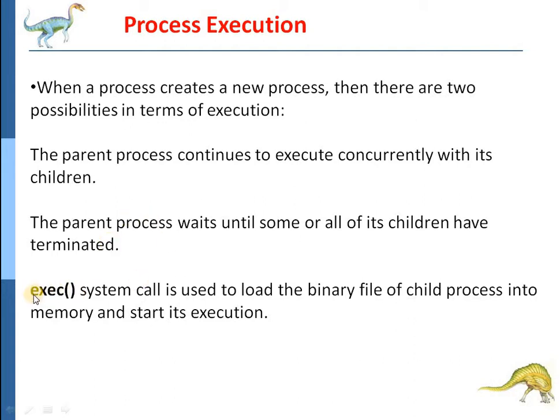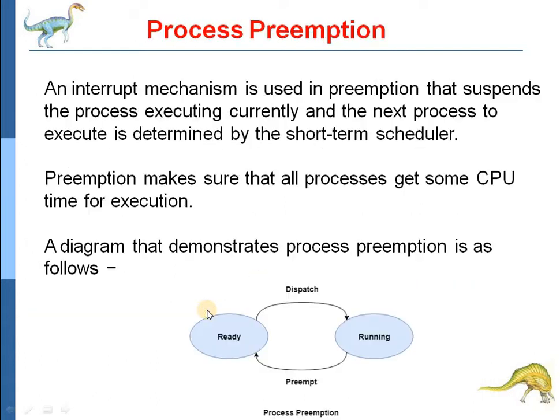After the fork system call, the exec system call is used to load the binary file of the child process into memory and start its execution. The second topic is process preemption or process suspension. An interrupt mechanism is used in preemption that suspends the concurrently executing process, and the next process to execute is determined by the short-term scheduler.